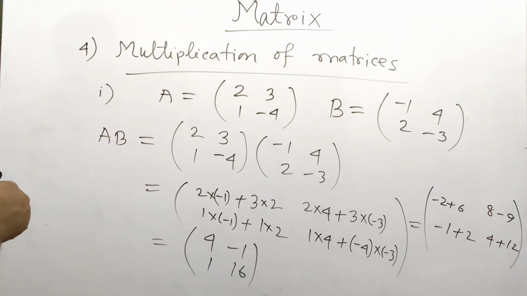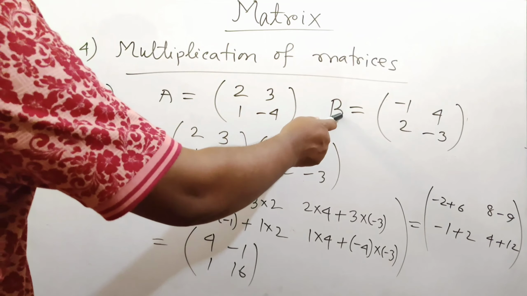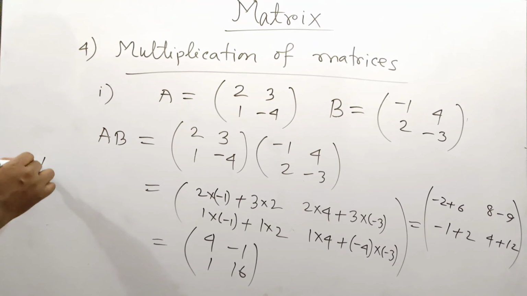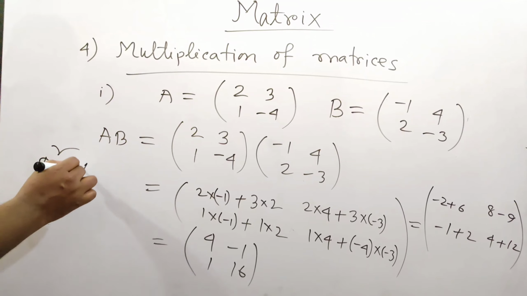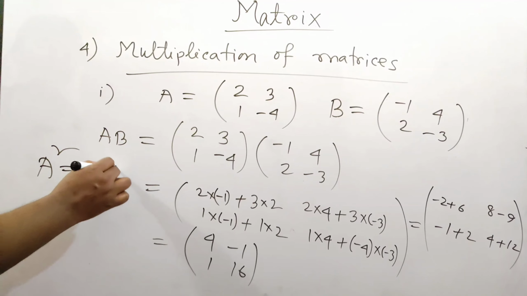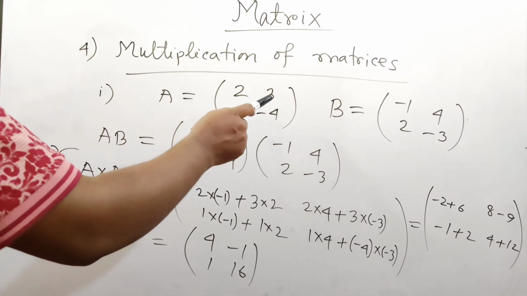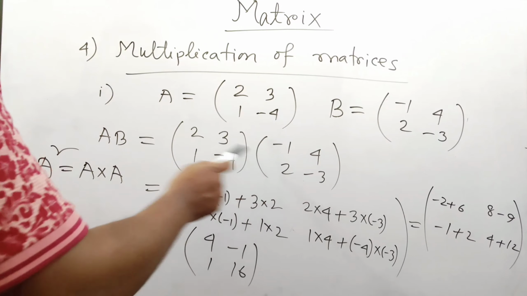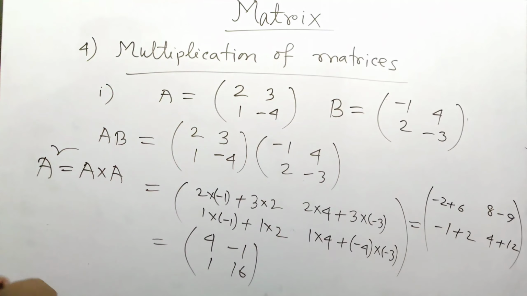In that way you can also multiply B and A. Then this matrix should be in the first position and A in the second position. Or the question may ask you to find A square. That means you just multiply A and A, so you write matrix A two times and do the same way, and you'll get the answer for A square.